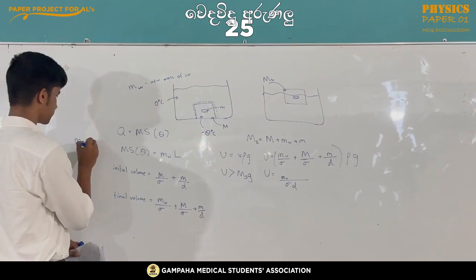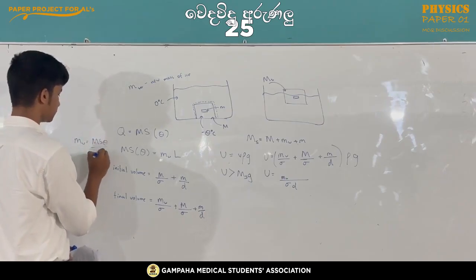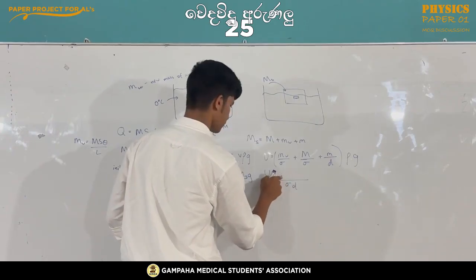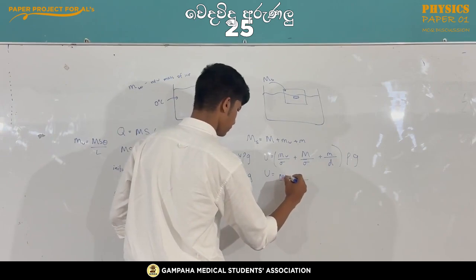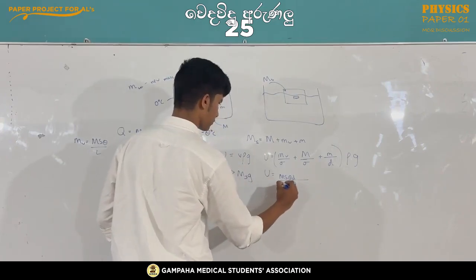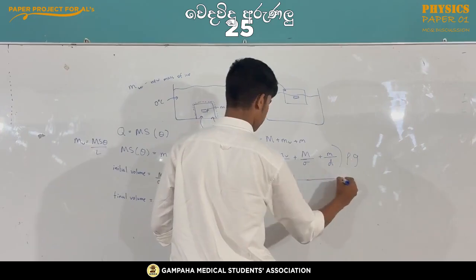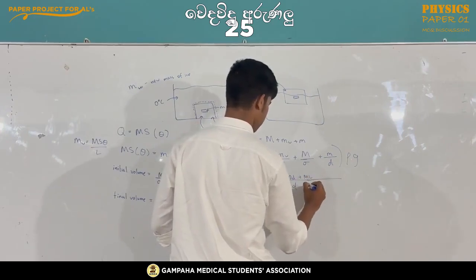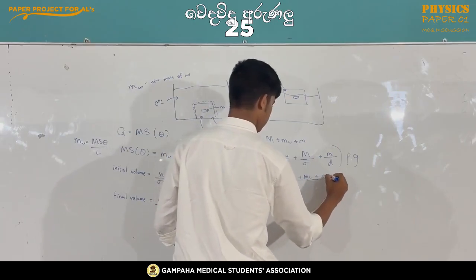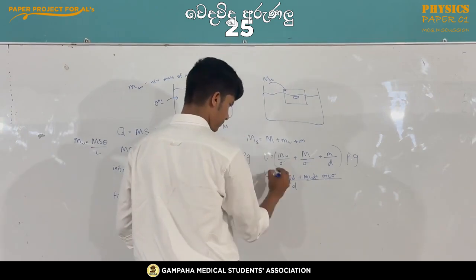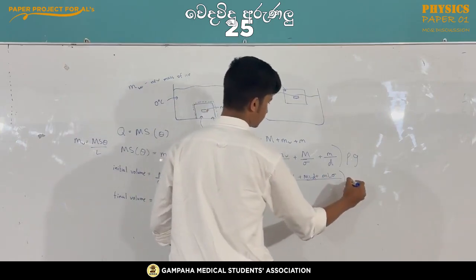So m W is equal to M S theta over L. This is the final volume.